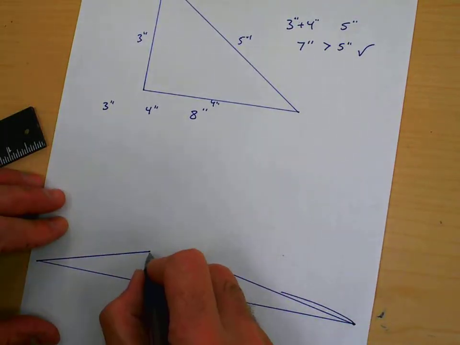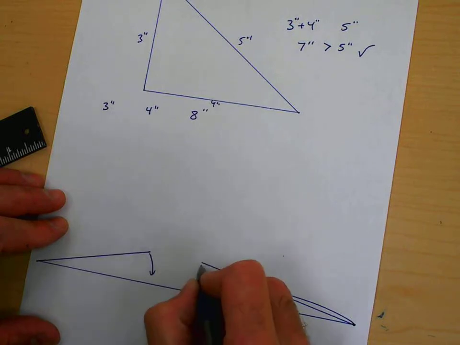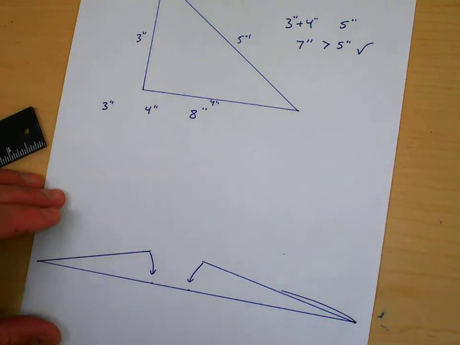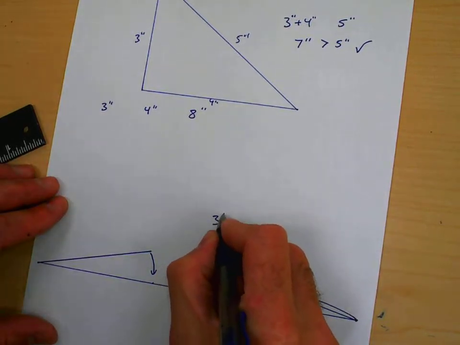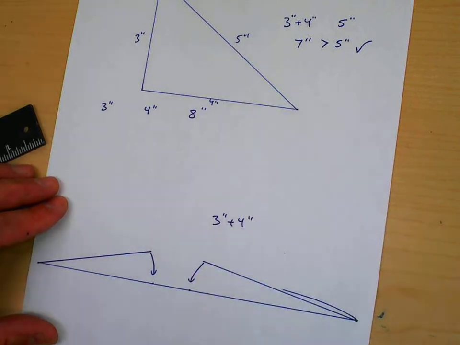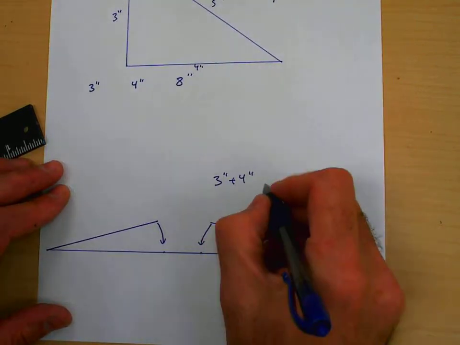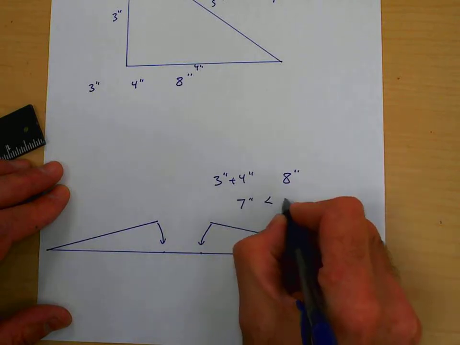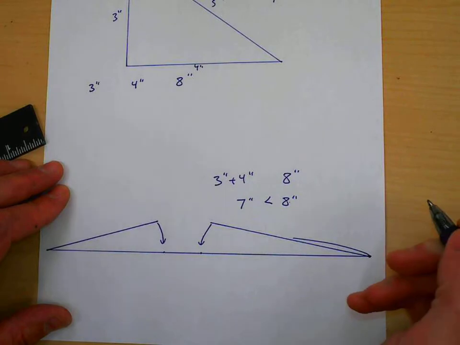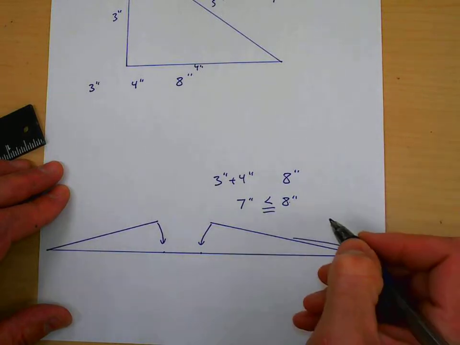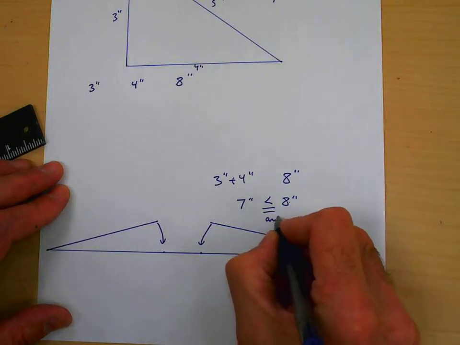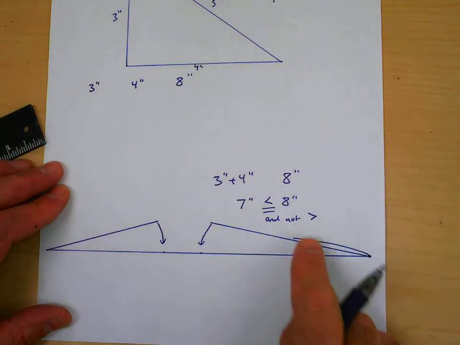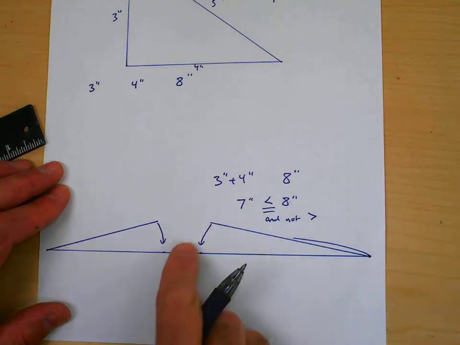If I even try to swing them down, they're still going to be 1 inch apart, because 3 inches plus 4 inches is 7 inches, which is less than 8 inches. So it is not more. And since it's less and not greater than, the two aren't greater than the third.